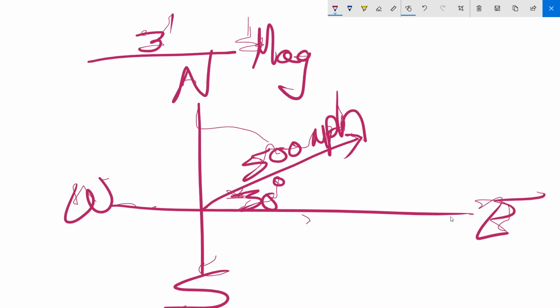So when you are talking about vectors, you're talking about two things: the magnitude of the vector, and its direction. In this case, 30 degrees north of east.